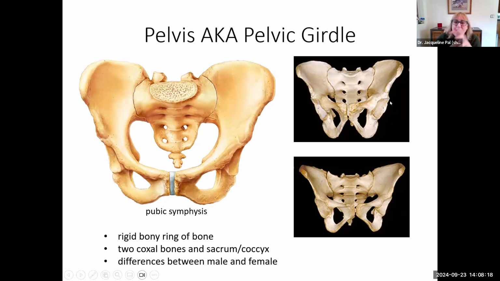And so there's many different differences, but there's one I'm going to show you that's very easy to see because I put these on a black background, and that's this area right here where the pubic symphysis is. And look at this angle right here where the 2 coxal bones are joining. Do you see this angle versus that angle?